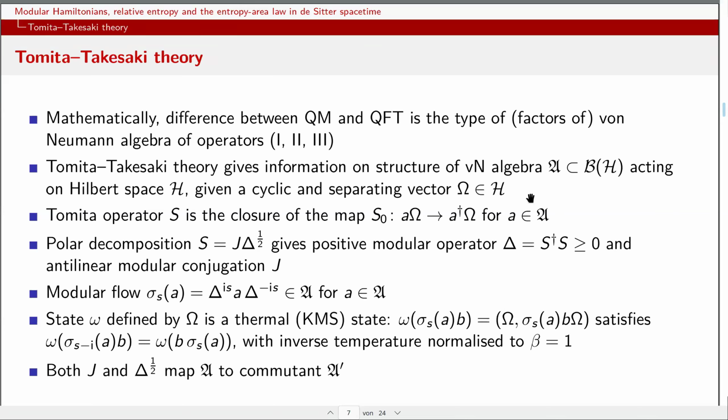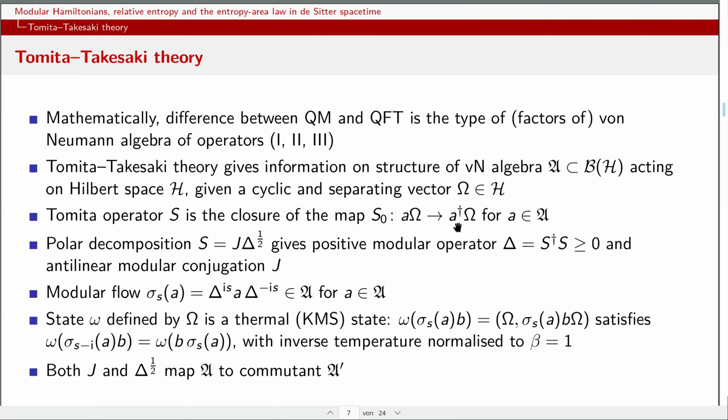With this data, one defines the so-called Tomita operator, which is essentially a map that takes you to the adjoint. Given an operator in my algebra acting on the state, it sends you to the adjoint of this operator acting on the state. This is a nice operator. It can be closed. It's a technical condition.